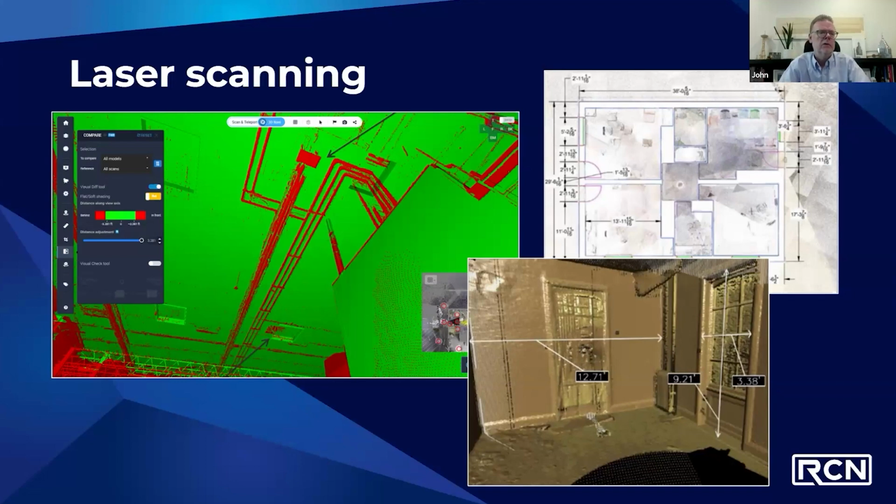That then turns into a visual twin for operations, because now they can go back in that time capsule and say, this is what's behind the walls. If you want to put a doorway there, you really don't want to, because there's a huge conduit line running through there, right? We don't have to tear the wall out to find out. We can simply go back and look at that scan data.